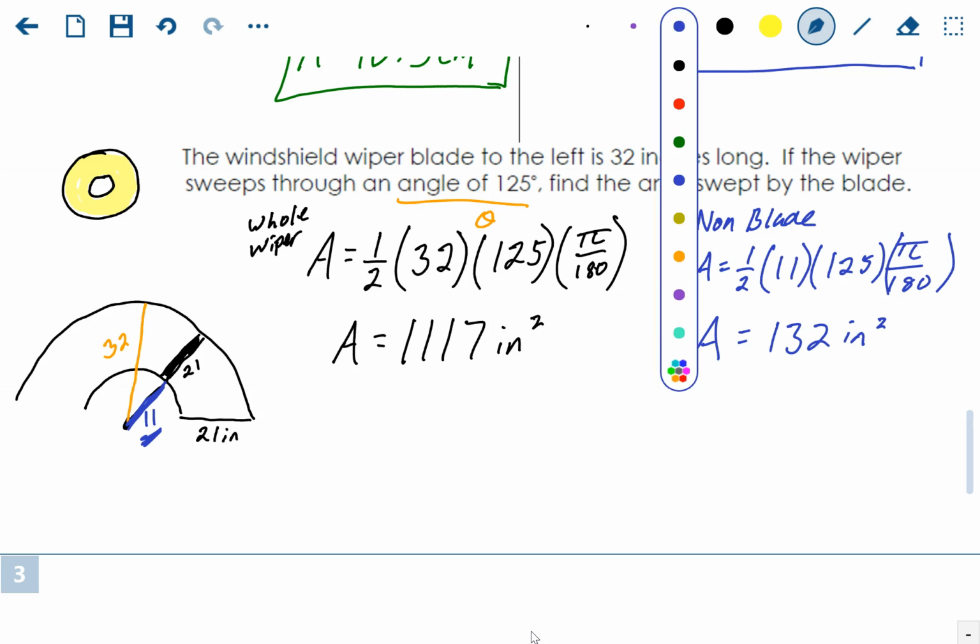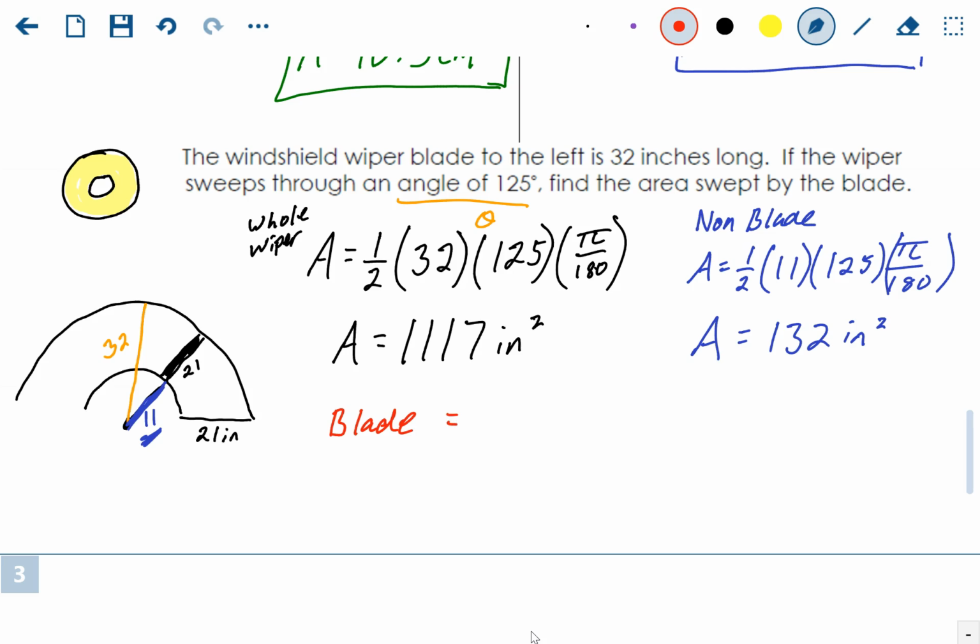So the area of just the wiper blade is going to equal the whole thing minus the non-blade, or in this case, 1,117 minus the 132. This will give you a total area swept by the blade of 985 inches squared.